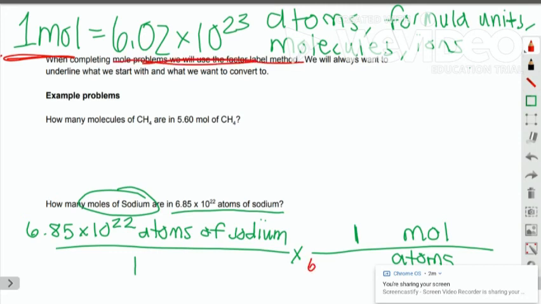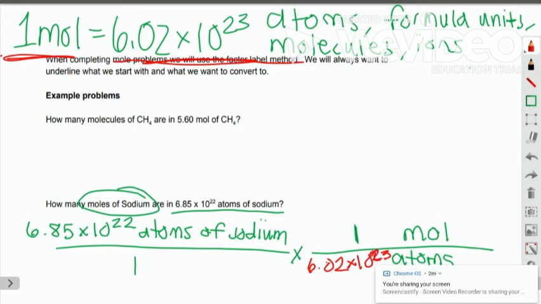So we will put Avogadro's number, 6.02 times 10 to the 23rd atoms. I don't know why it does not want me to write a 2. Just know that's what it says. I'm sorry that it's not letting me write that.